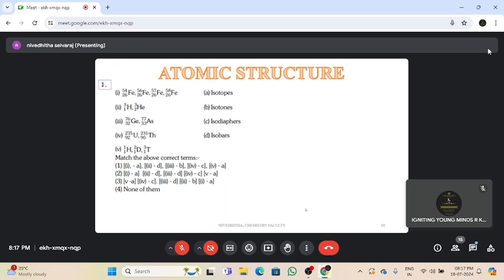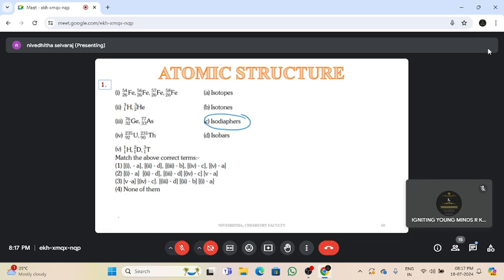And isodiphers are species with the same neutron excess. I think isodiphers are a little new to you, right? What is an isodifer? If two species have the same neutron excess, then they are called isodiphers.